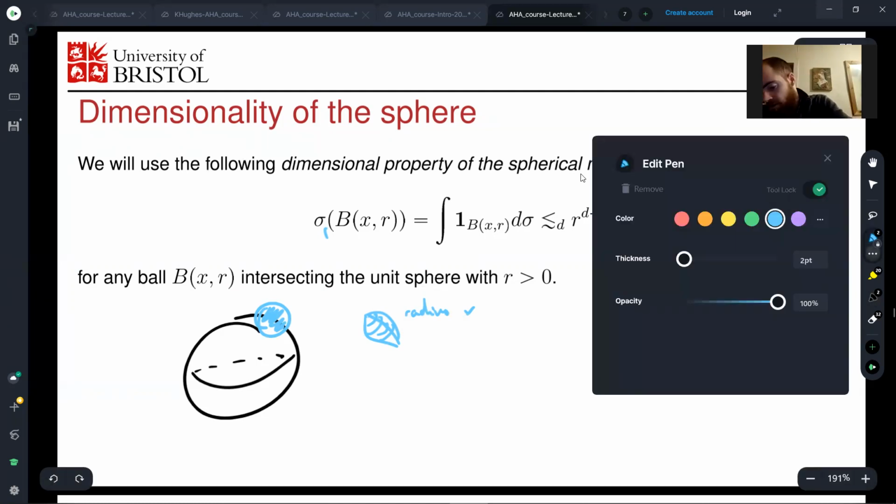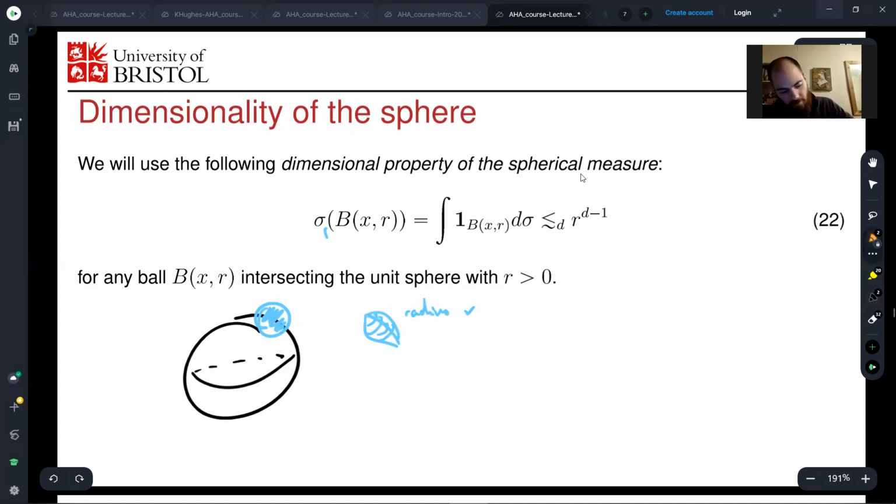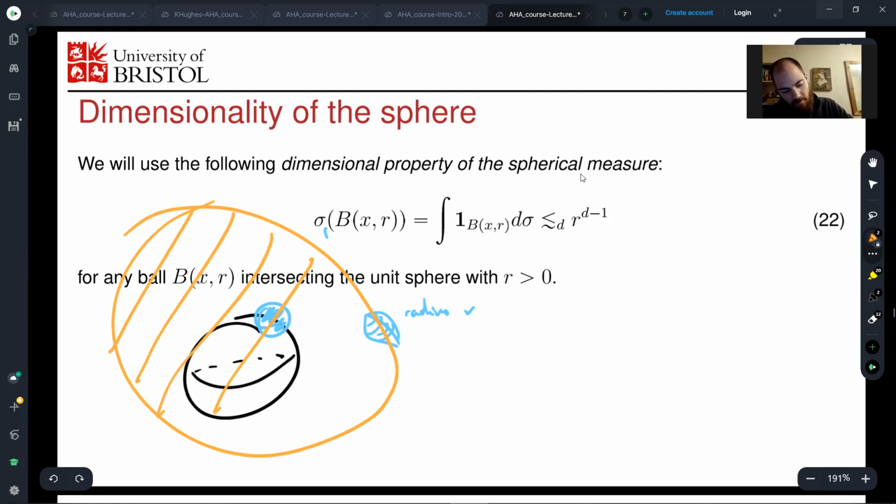Alternatively, I could also have a much bigger ball. And now it intersects the entire sphere. But the volume of the sphere is 1. So this volume of the orange intersection is at most 1, which is certainly much smaller than the radius to the dimension minus 1. So this bound is valid for all r, but it's most useful actually when r is small.